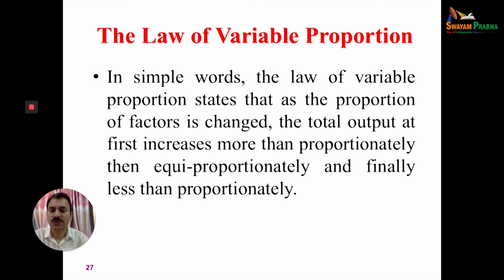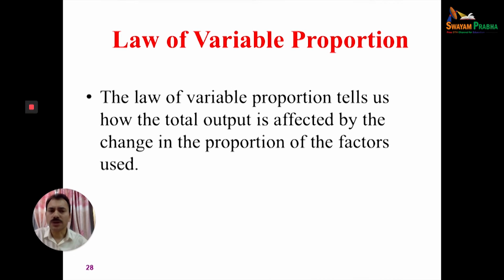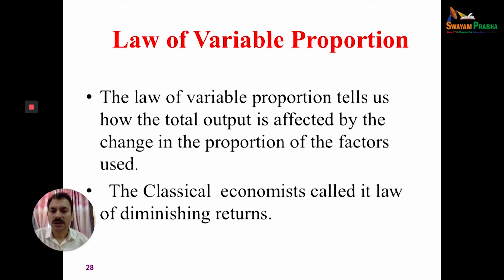The proportion at which we increase the units of labor or the variable factor, output will not increase at the same proportion. So this law of variable proportion tells us how the total output is affected by the change in the proportion of factors used. And the classical economists called this law the law of diminishing return.